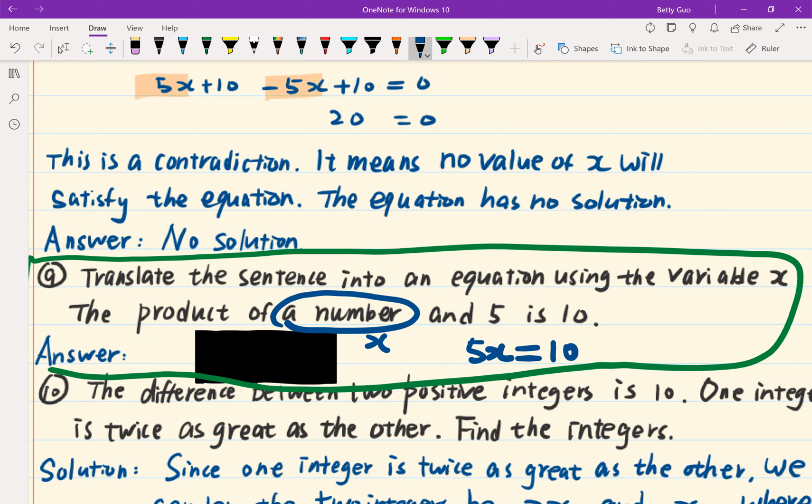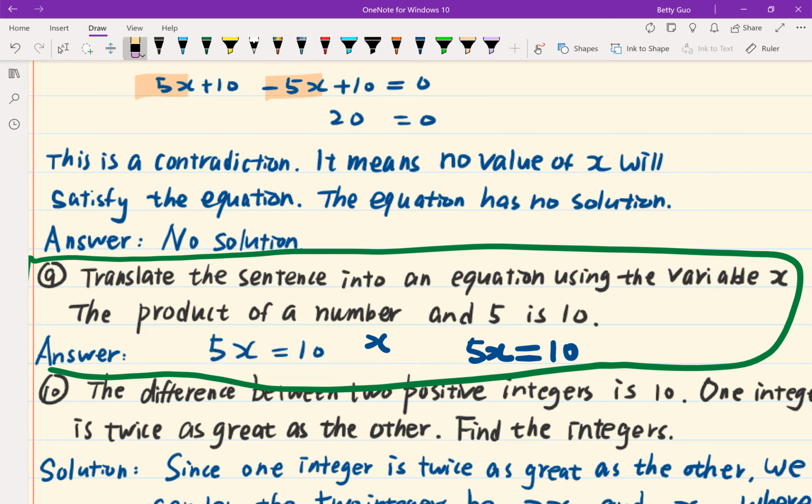So the sentence after we translate is 5x equals 10 here. The product of 5 and the number, 5 times x, equals 10. Okay, yeah. Is this clear, number 9? Is that doable?